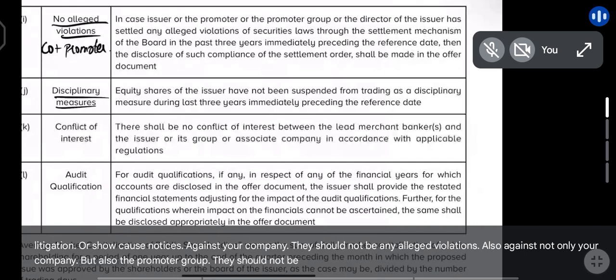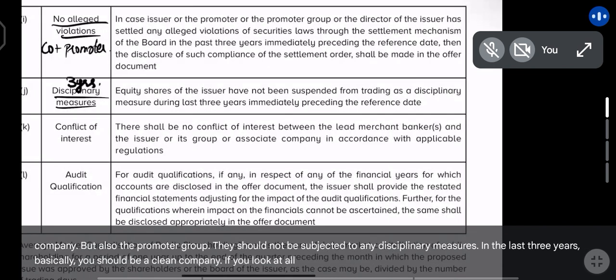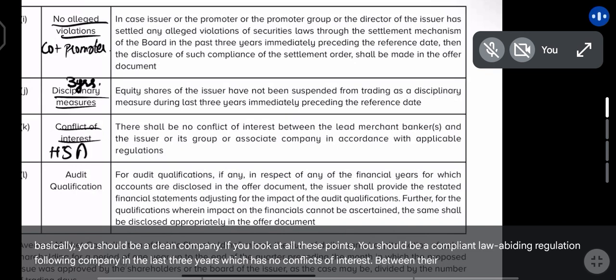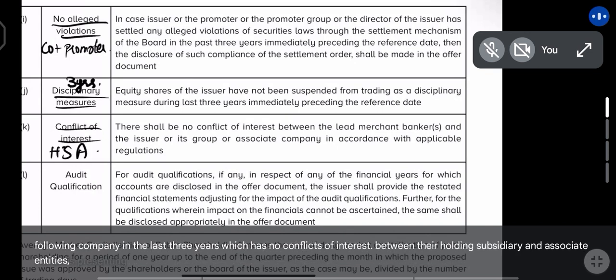They should not be subjected to any disciplinary measures in the last 3 years. Basically, you should be a clean company. If you look at all these points, you should be a compliant, law-abiding, regulation-following company in the last 3 years, which has no conflicts of interest between their holding, subsidiary, and associate entities. And your auditor also agrees with the same. And he should have provided an audit report confirming this.